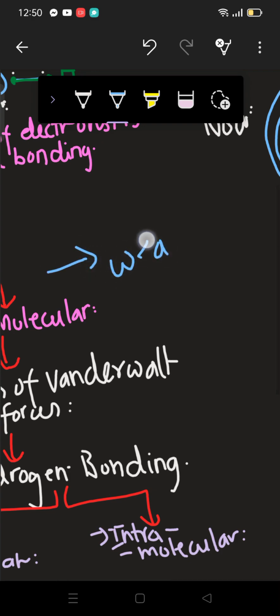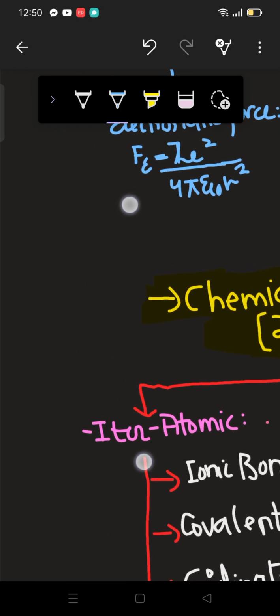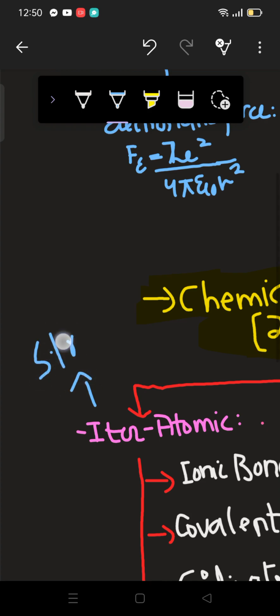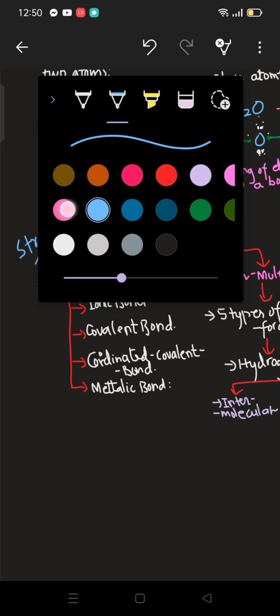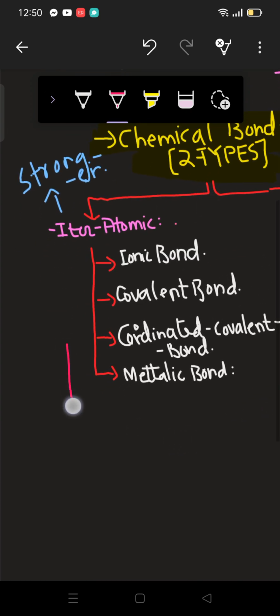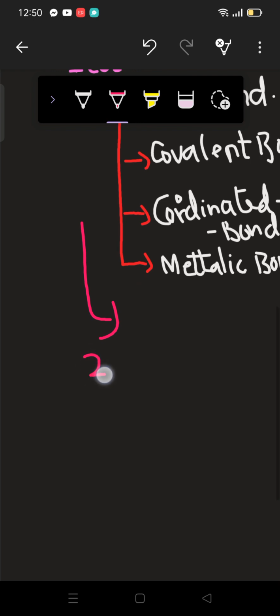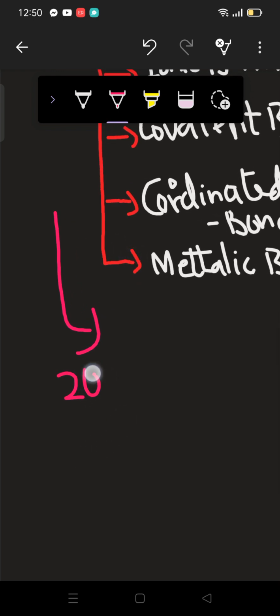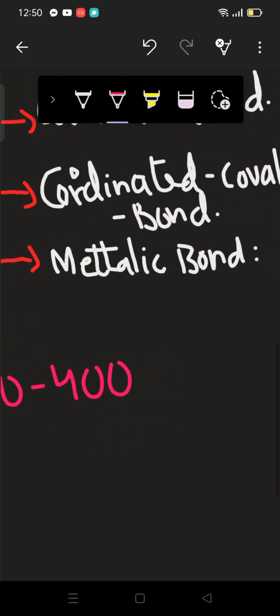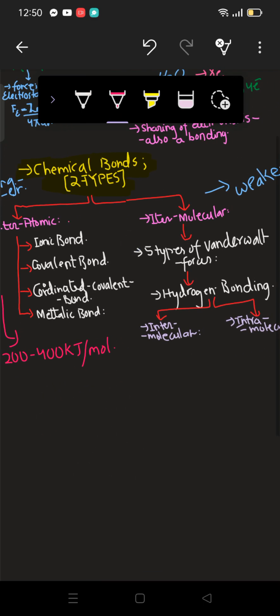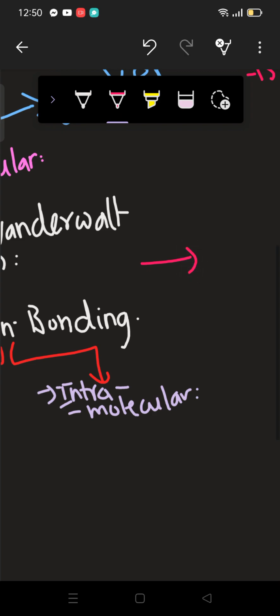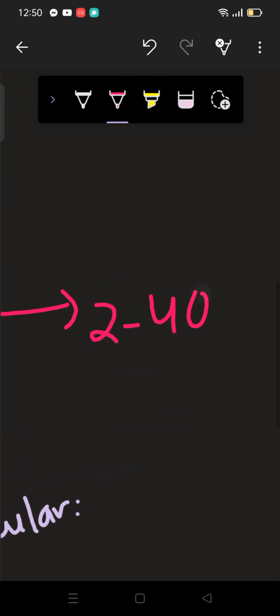Now, intermolecular forces are weaker as compared to the interatomic, which is stronger. The interatomic has energy of 200 to 400 kilojoule per mole, while the intermolecular has energy of 2 to 40 kilojoule per mole.